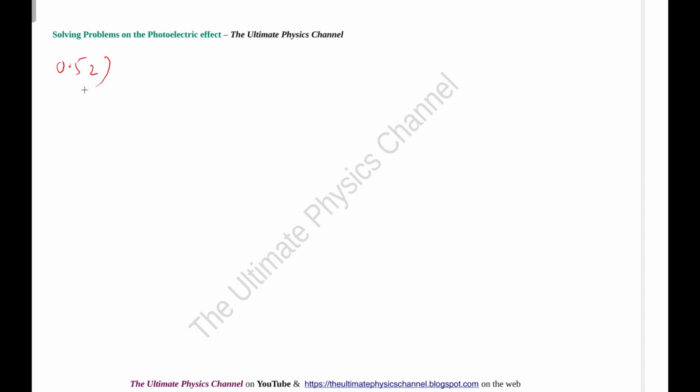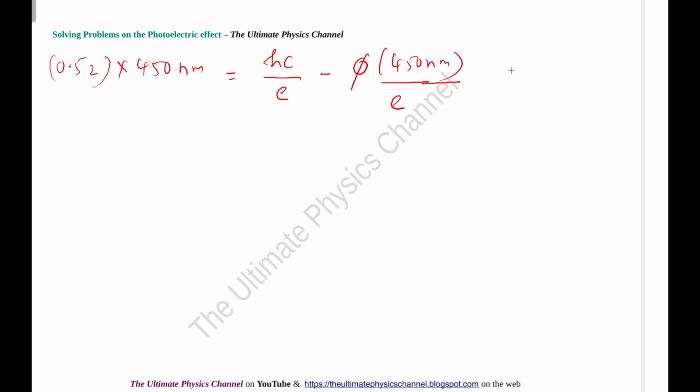On the right side we have hc over 450, the 450 gets cancelled, but we are dividing by E, so we get hc over E, minus 5 times 450 nanometers over E. Let's call that equation 3.